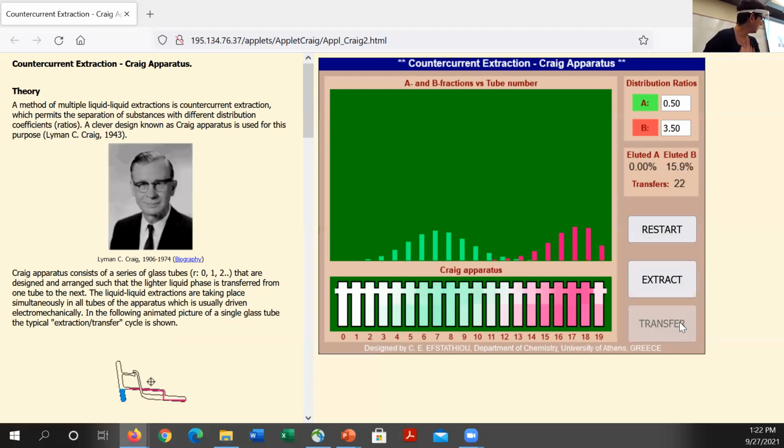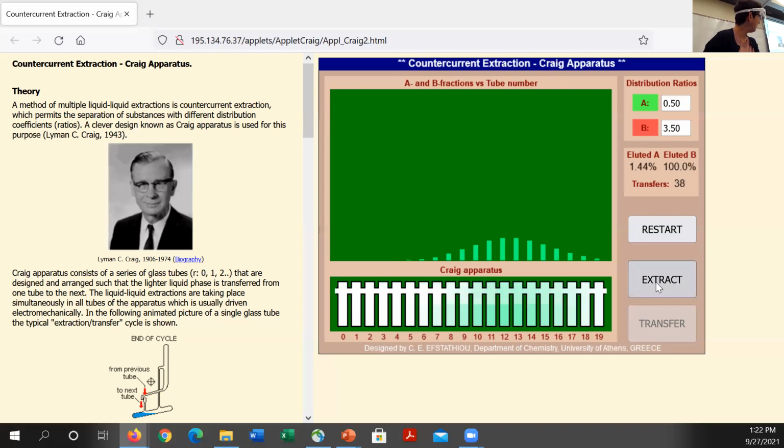So leaving the column or the system until you get 100% of B out before you start seeing a little bit of A. So almost 100% separation. Maybe if we added a couple more tubes, we would have had 100% separation. And then A starts to come out more. This is pretty good separation here. And then all of B is out and then A starts coming out.